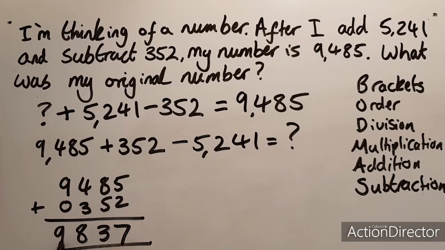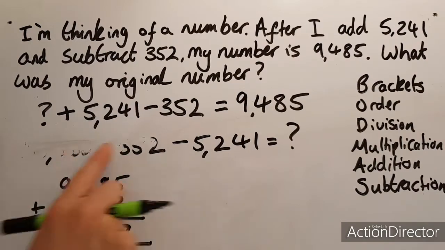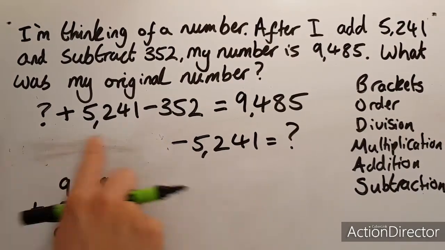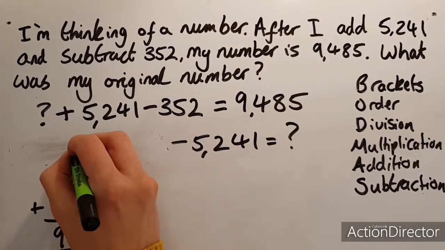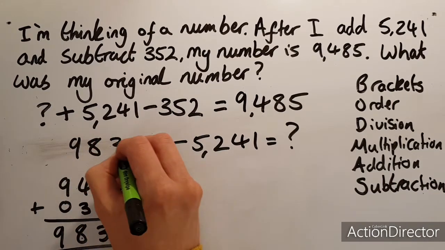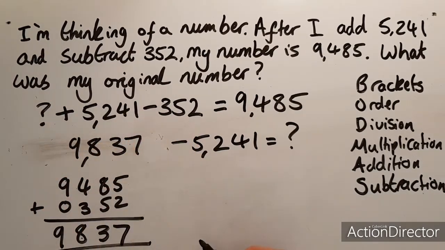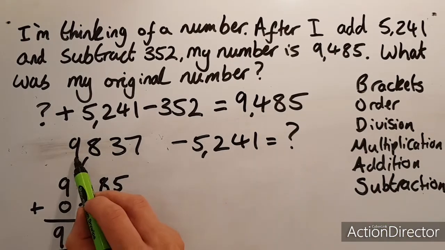So I have an answer of 9,837. I'm going to rub this part of the calculation out and put in my answer, 9,837.